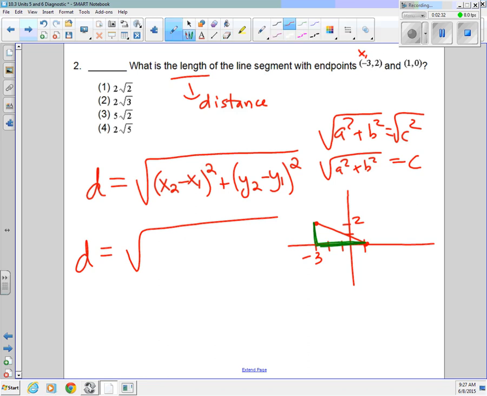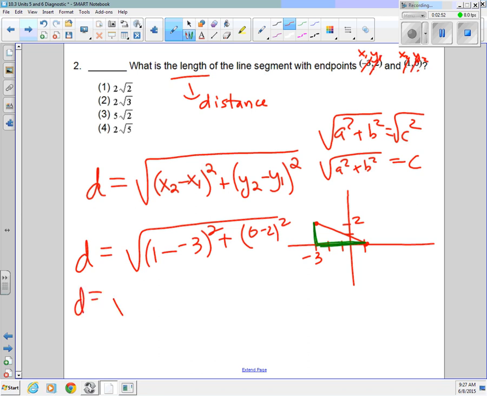It's another common mistake. x2, comma, y2. And then I have 1 minus negative 3 squared. 1 and negative 3 are gone now, plus 0 minus 2 squared. 0 and 2 are gone.